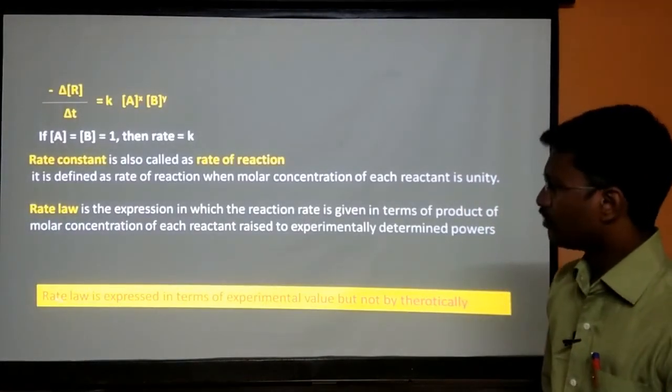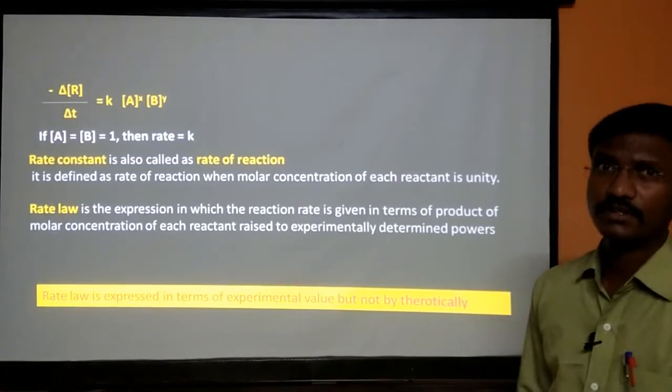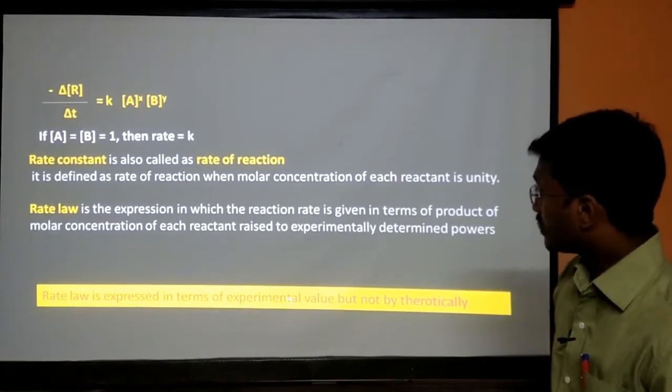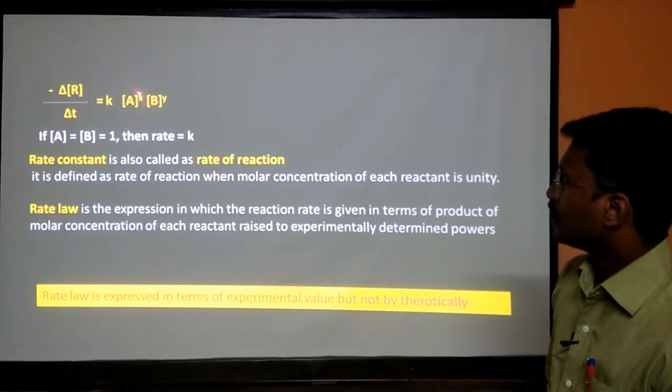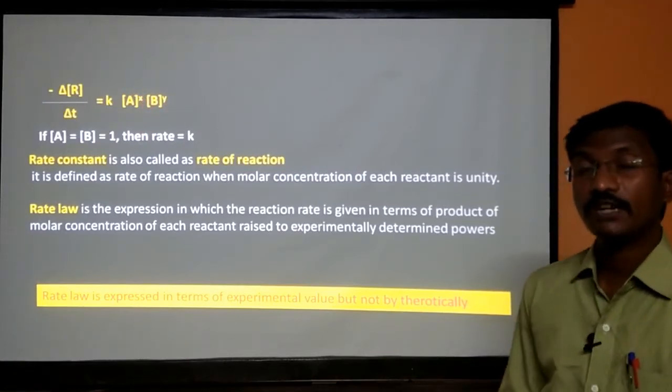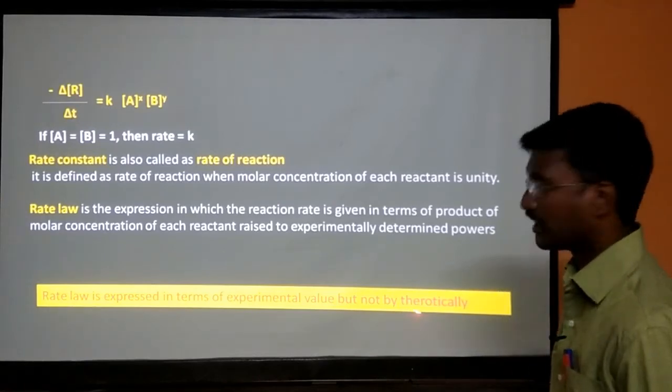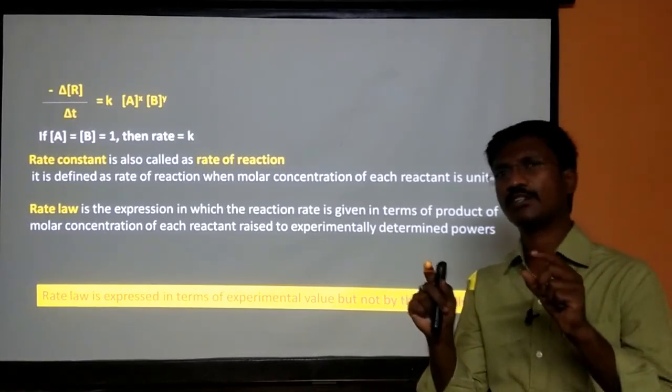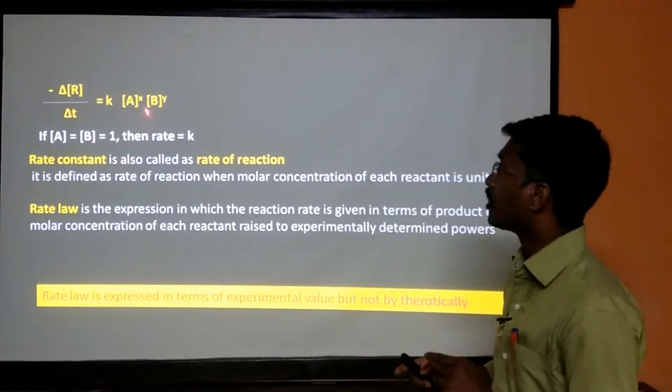You should remember that the rate law is expressed in terms of experimental values. I am saying again and again that x and y are experimentally determined values, not theoretical ones. By seeing a reaction, it is not possible to write the powers x and y.